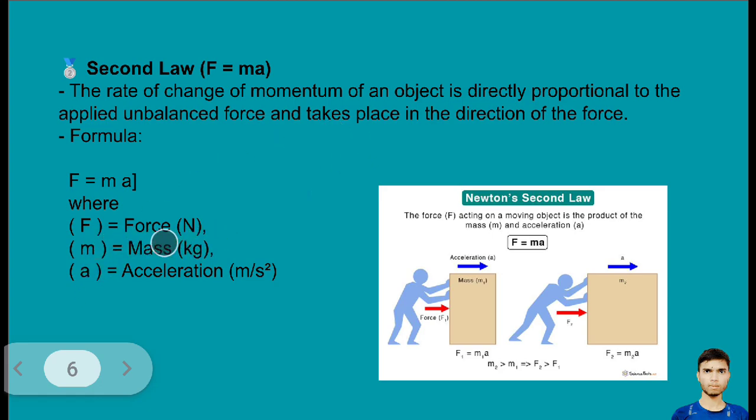The unit of force is newton, the unit of mass is kg, and the unit of acceleration is meter per second square, because it has speed in meters and time in seconds, since a moving object covers time.